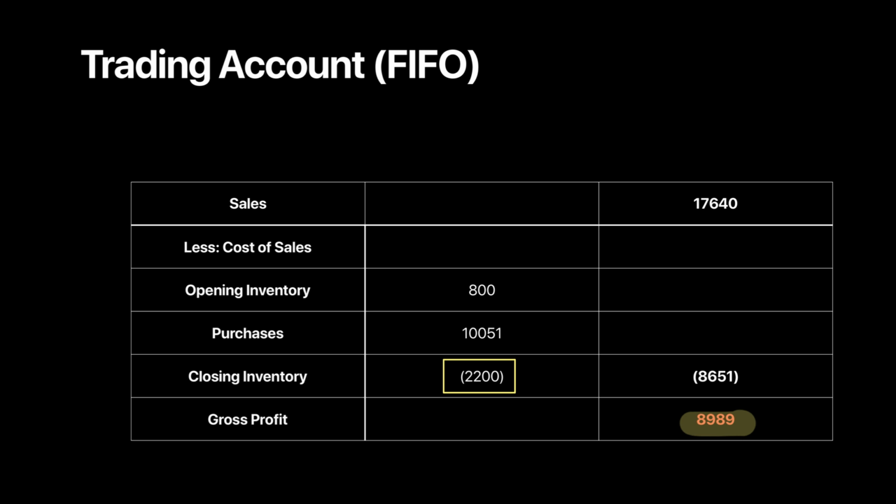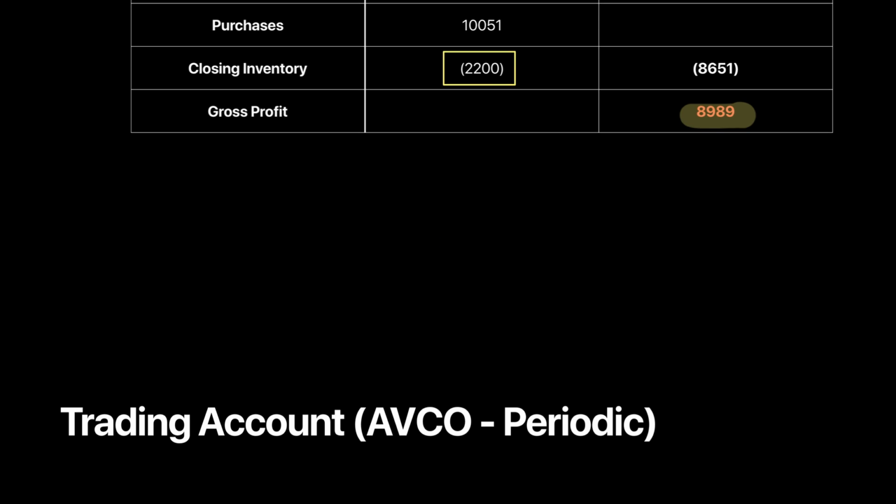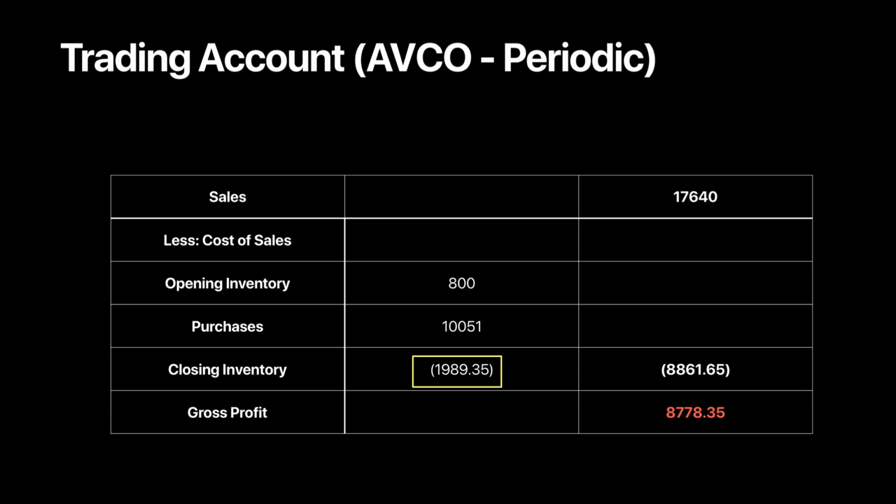Now let's see how the gross profit will look under AFCO. If I first draw the trading account using AFCO periodic, everything else will be the same. This value, this value. The only thing that will change is your closing inventory, 1989. If I'm using the periodic method, inventory value is 1989. Now you can see our gross profit is now 8778.